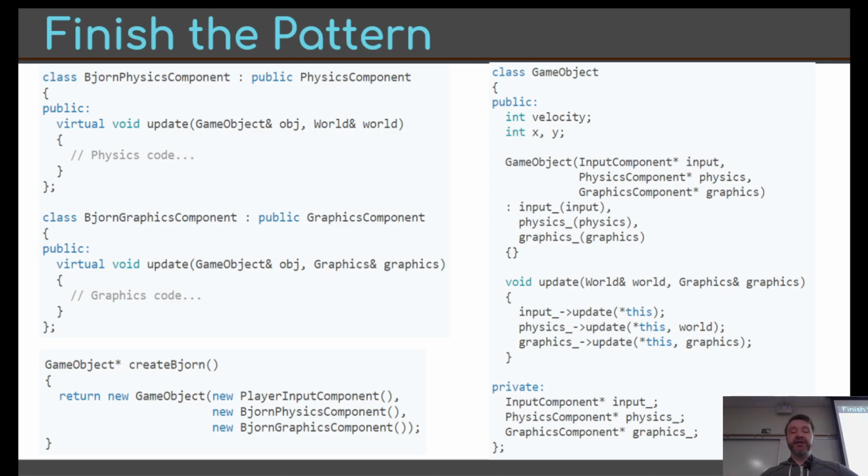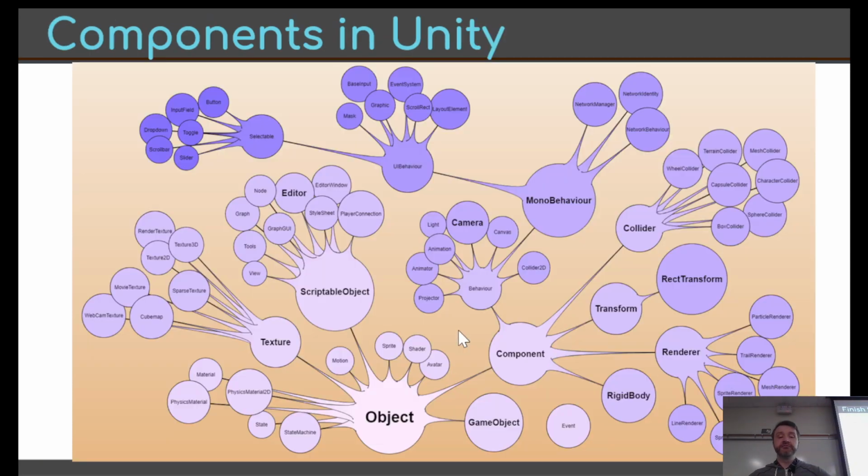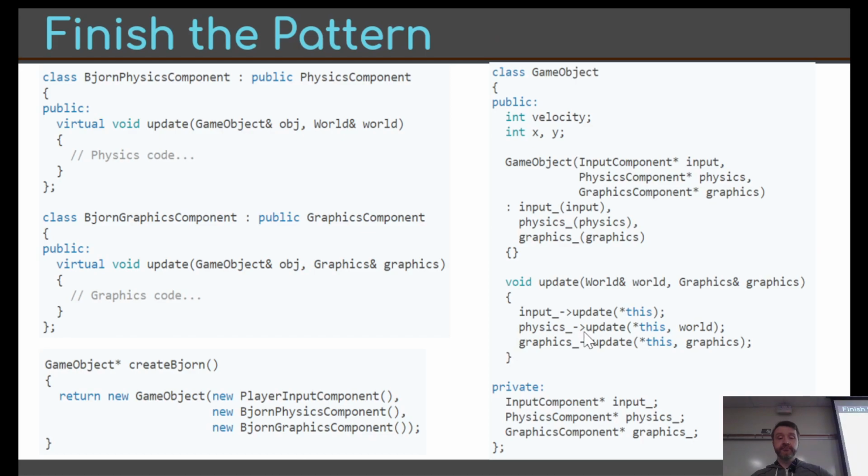Right, and then we simply pass our update call, our update cycle, into the updates of the individual components. All right, so now Bjorn is a thing created from an abstract. This is sort of a canvas that you can make a Bjorn from. And the paint and the things you put on that canvas are these components that you have customized to be Bjorn-like.